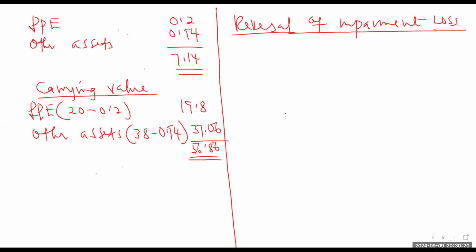Let's come to reversal of impairment. There was an impairment caused by a particular condition or situation. What if that condition is no longer there? We have to re-estimate the recoverable amount of the assets.